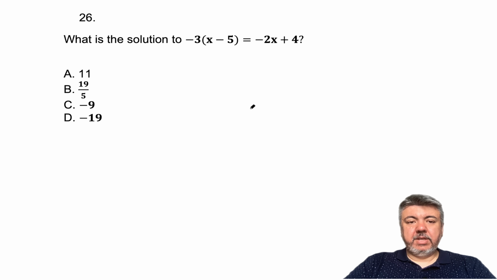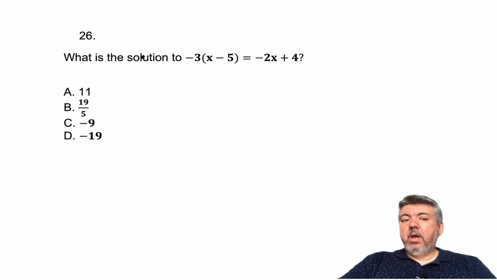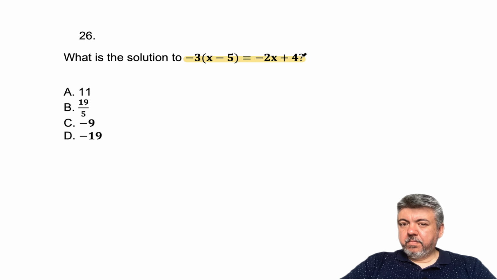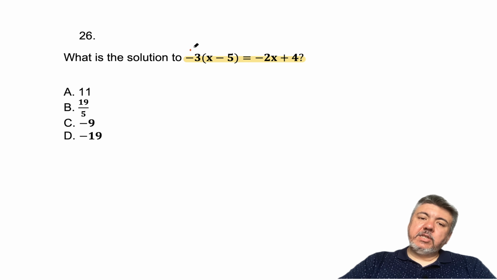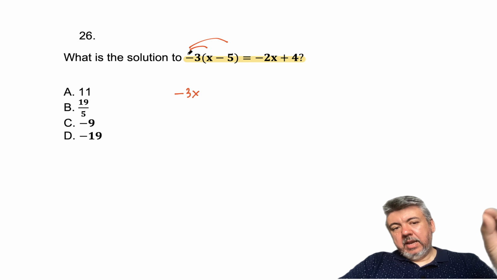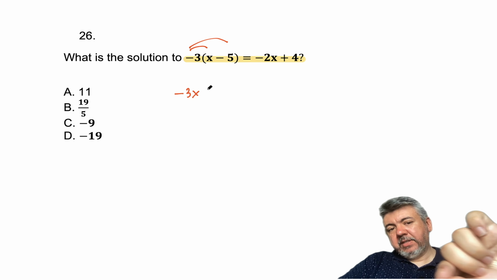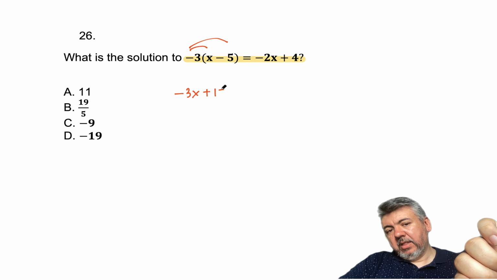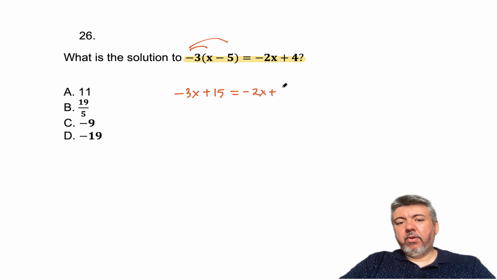What is the solution to this equation over here? Let me show it to you. Expand this and let's see what happens. Negative 3 times negative 5 is going to be plus 15, and negative 2x plus 4.